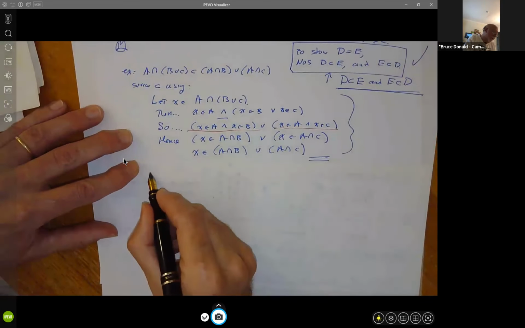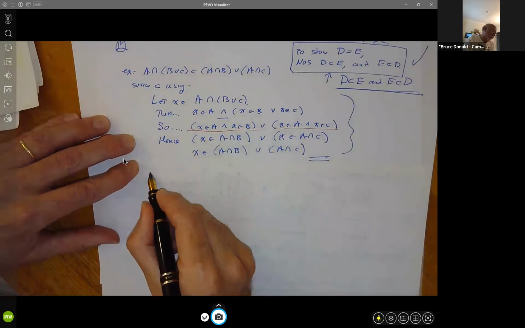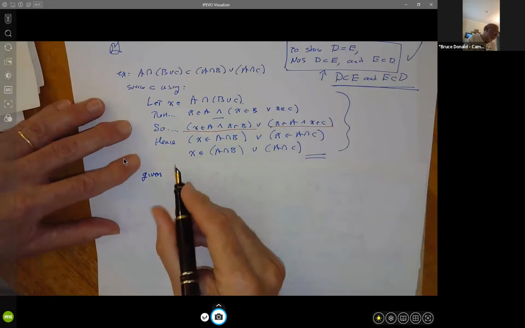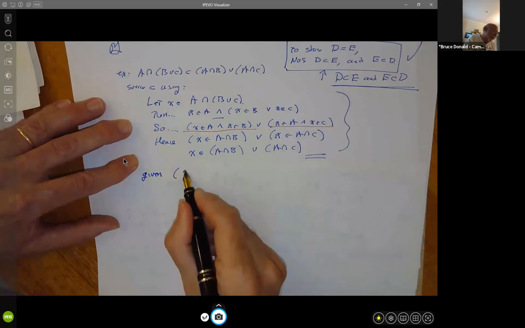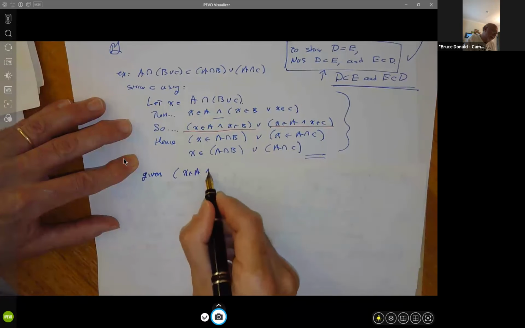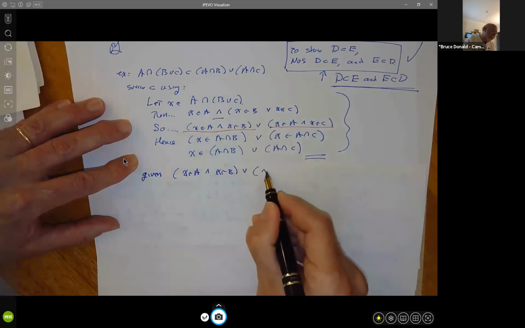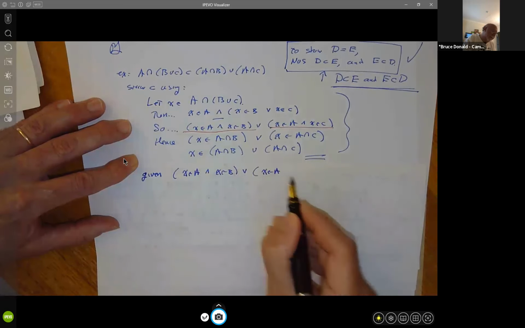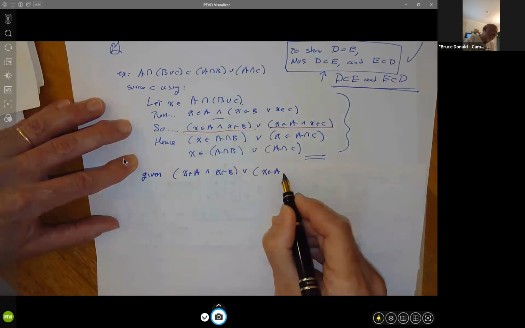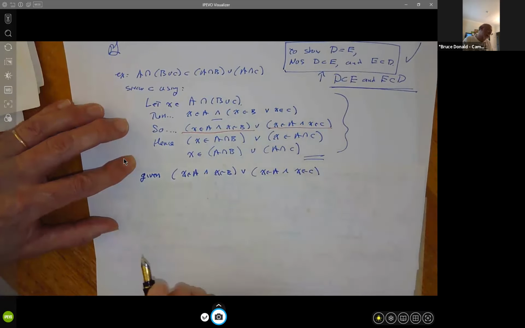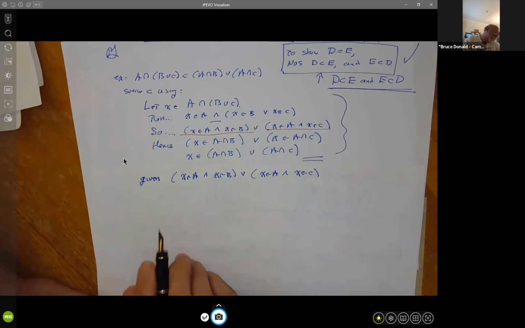Given we have the statement X is in A and X is in B, or X is in A and X is in C. That's the statement, right? And I want to conclude what we have right below this.